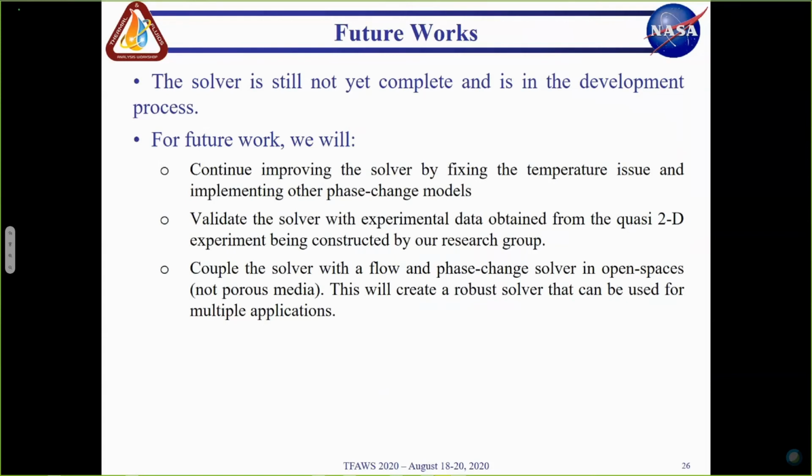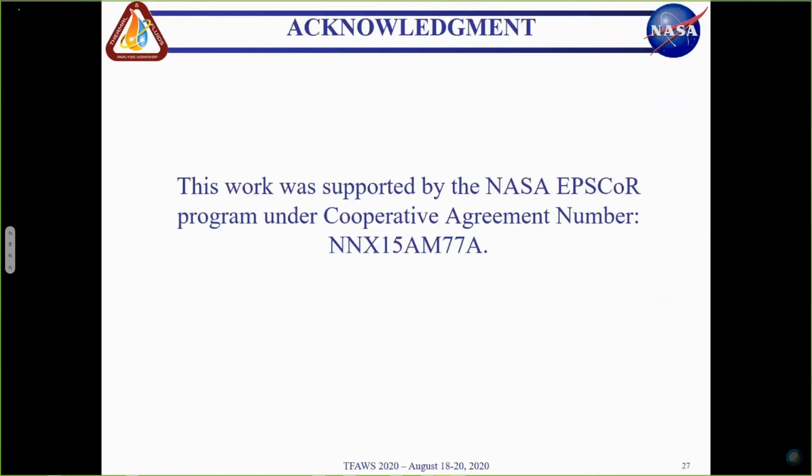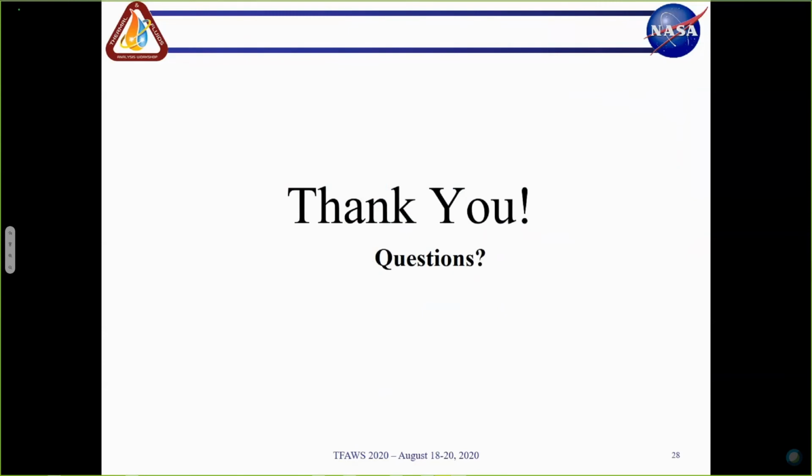We will finally couple the solver with a flow and phase change solver in open spaces, like flow through a pipe, and this will create a robust solver that can be used for multiple applications. This work was supported by NASA EPSCoR, and thank you.